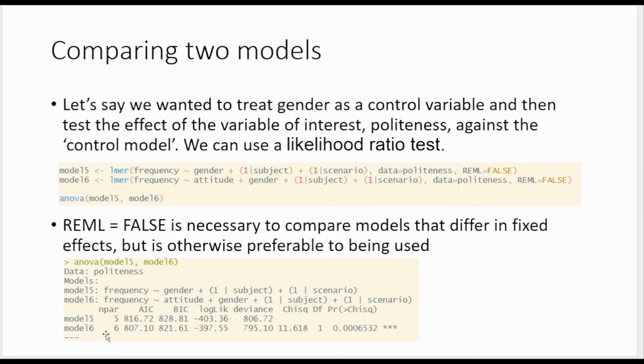Our model 6 is numerically better, but conducting a chi-square test, it's also statistically better. Now you could interpret this and report the summary as being that the influence of attitude is statistically significant on the outcome, right? That is essentially how you model, interpret, and compare mixed effects models.